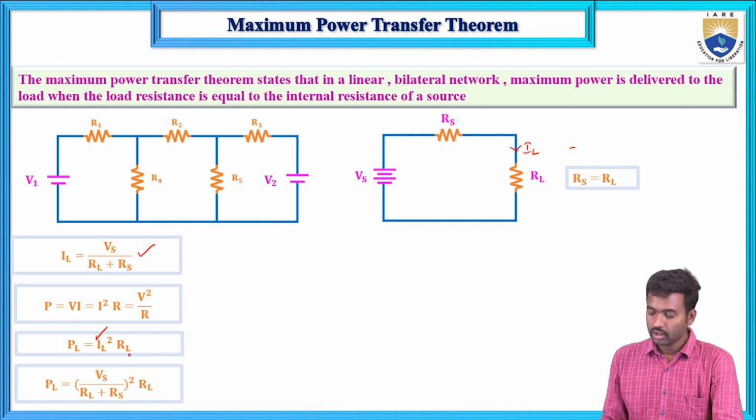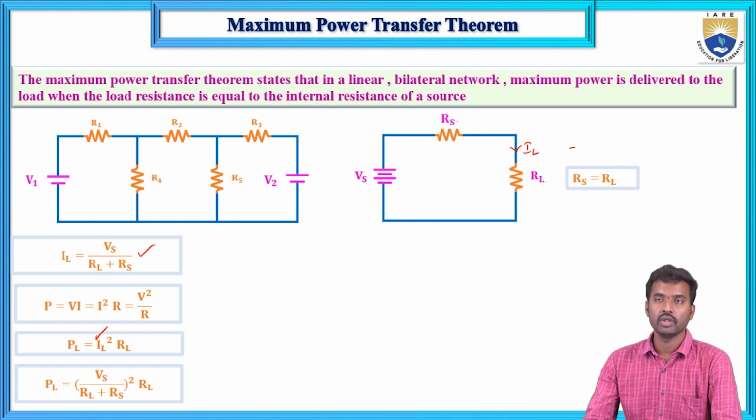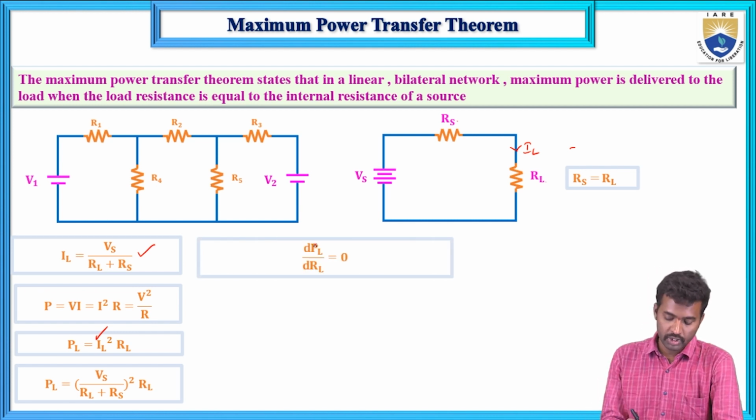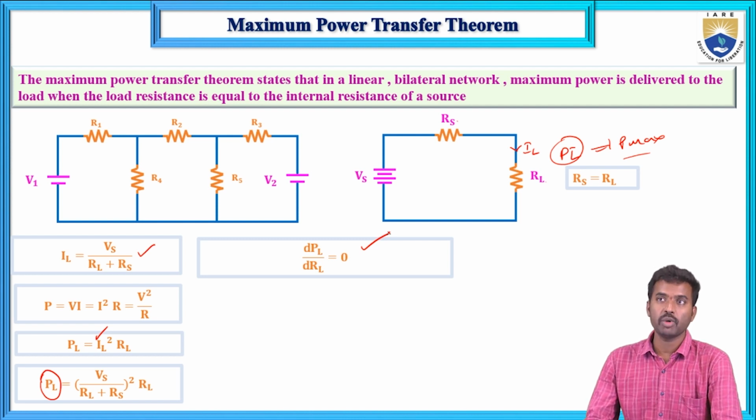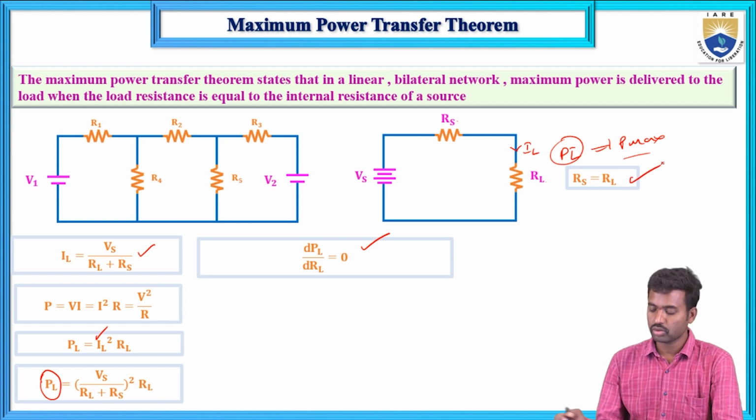Now, to get the maximum power condition, first differentiate with respect to RL. This power PL is differentiated to get the maximum power. This condition is most important to get the maximum power when load resistance equals source resistance.